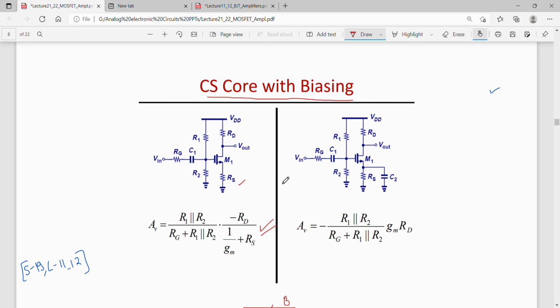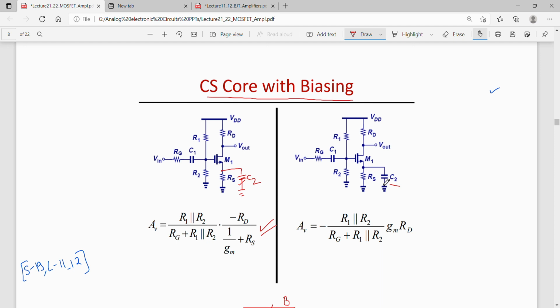Now let us try to short this resistor RS by using a bypass capacitor. Let us say this one, C2, shorts this resistance RS. So for a high frequency AC signal, to improve the gain I need to short this resistance, so I connect this bypass capacitor.